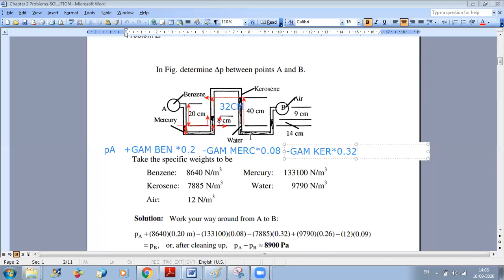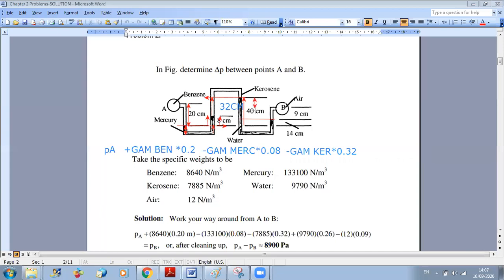I am going from here to here. But also here, when I reach this point, I can directly cross over to this point, because here I'm going down and then going up in the same fluid. So I am only interested in this length from here to here.